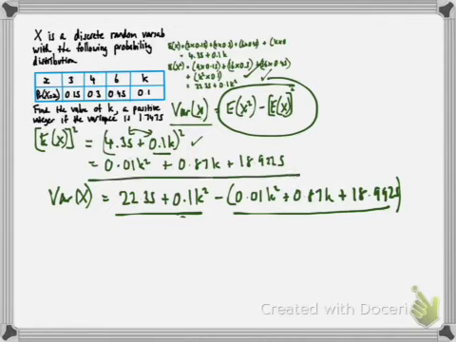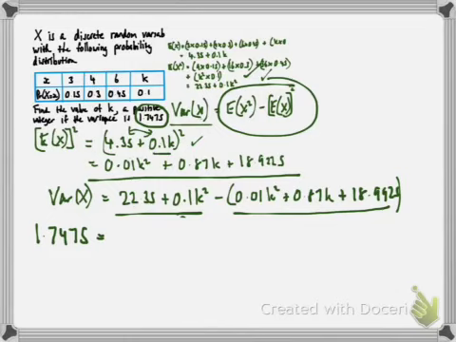Because we're minusing it, we have to minus all three parts of it, the 0.01k squared, the 0.87k, and the 18.9225. It's always handy to put those in brackets, which forces it to subtract all of them. Now back to the question. We know that var x is 1.7475, and it's going to equal all of that left hand side.